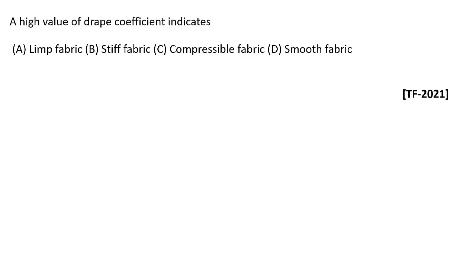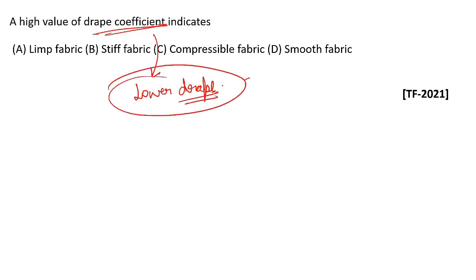So basically high drape coefficient means lower drape value. If the fabric has a high drape coefficient, it means lower drape, so it will not hang much, which means the fabric is stiff. So a high value of drape coefficient indicates stiff fabric. Option B is the correct answer.